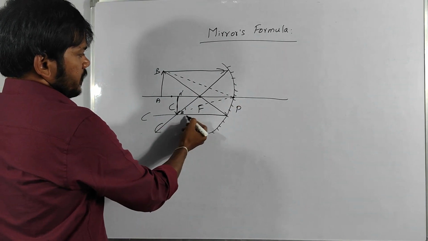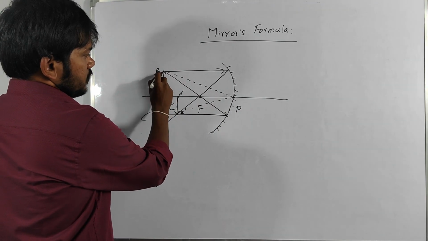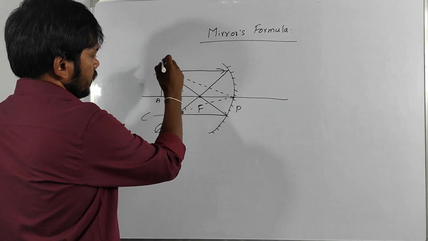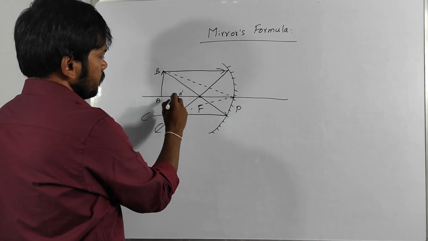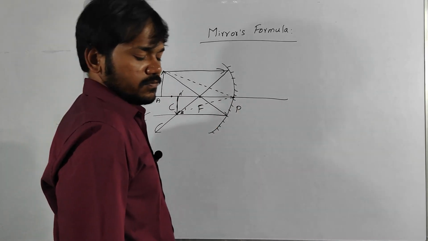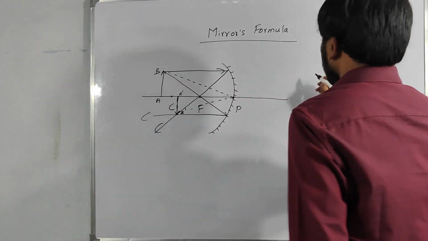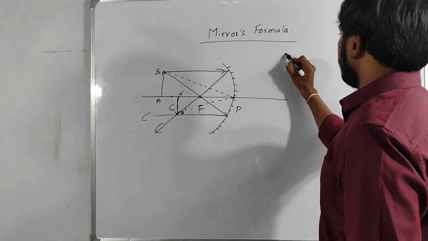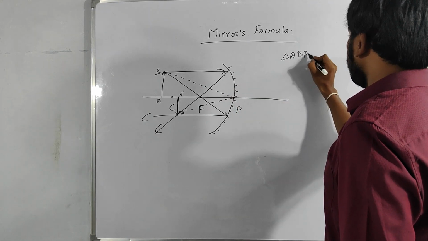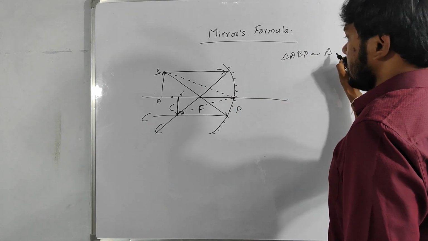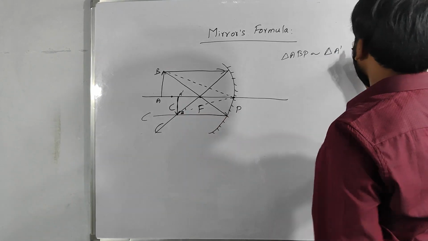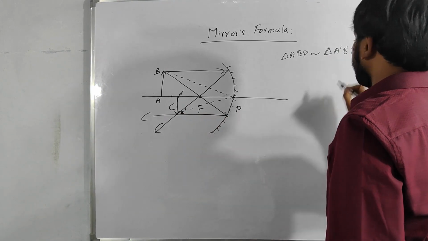B dash P and BP will become hypotenuse, AB and A dash B dash will become the heights of them, and AP and A dash P will become the bases of them. So triangle ABP is similar to triangle A dash B dash P.